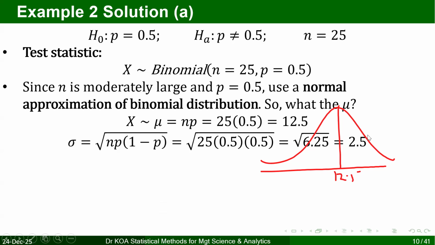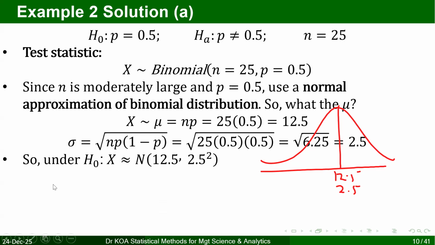So the standard deviation is 2.5. You have the mean, and then you have the standard deviation. So X can be distributed normally with a mean of 12.5 and a standard deviation of 2.5, or a variance of 2.5 squared.